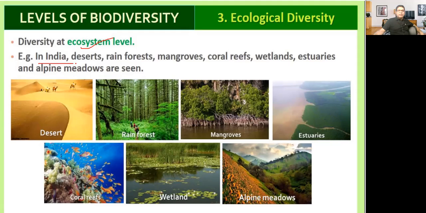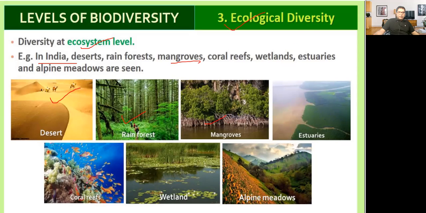In India, there are different types of ecosystems: deserts, rainforests, mangroves, coral reefs, wetlands, estuaries, and alpine meadows.